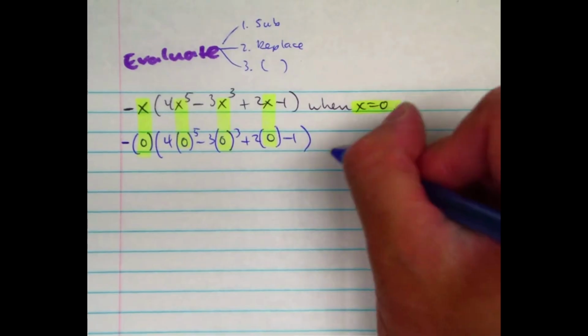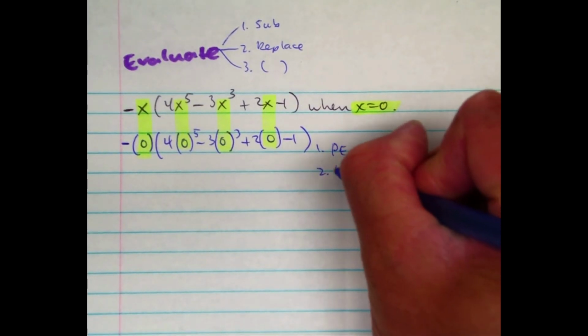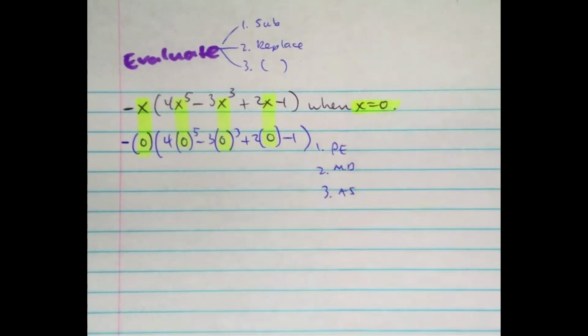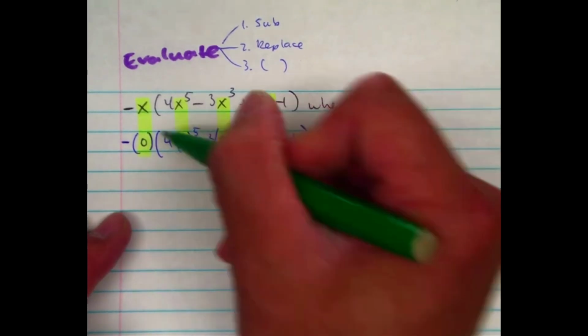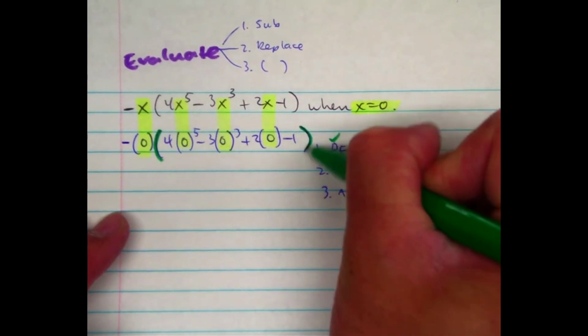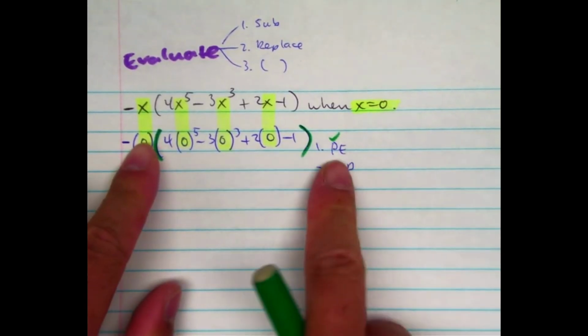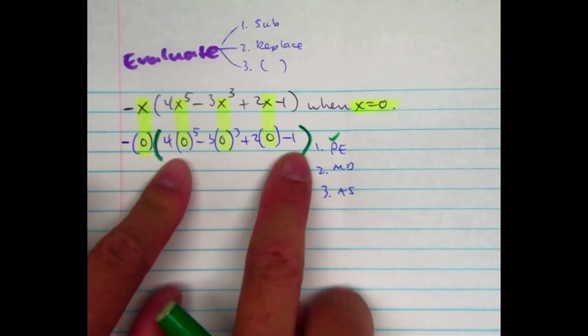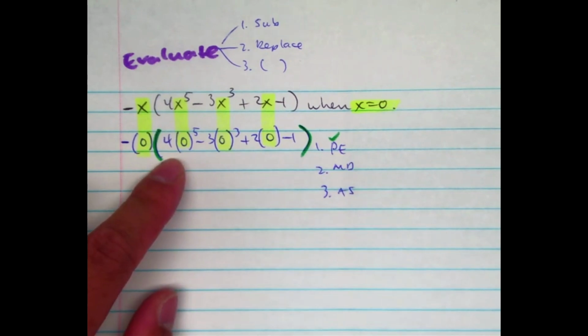I'm still going to use the order of operations. So I see an inner set of parentheses here. Within here, I'm going to go back and do any inside parentheses, which I can simplify, then do exponents.